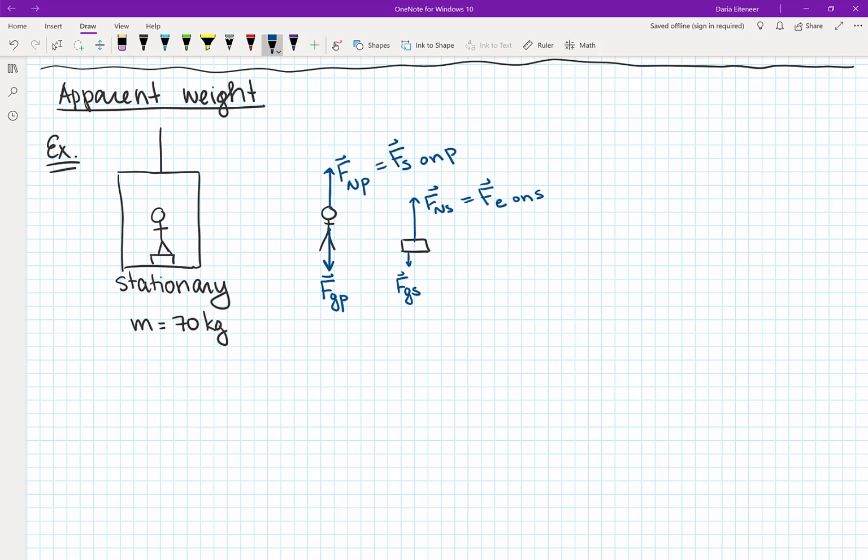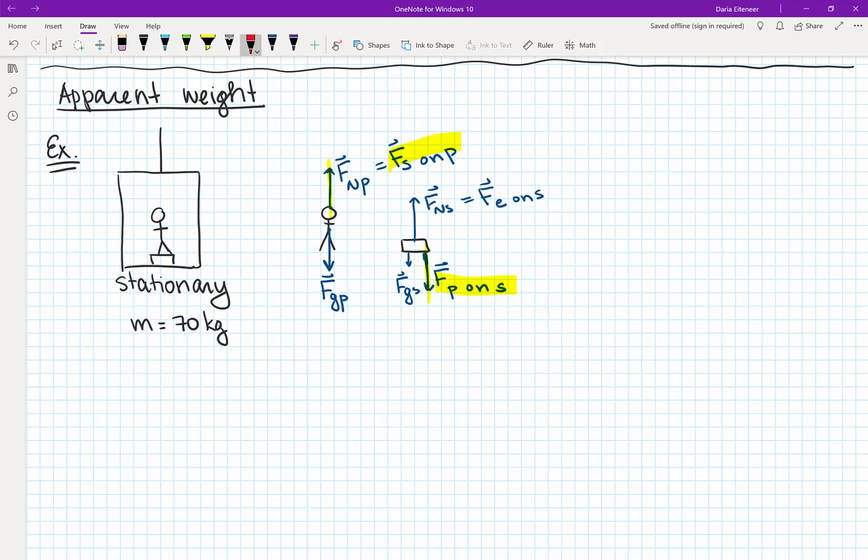But the other force that we need here is the force of the person on the scale. Now remember we talked about action-reaction pairs. So this force here and this force here, those are action-reaction pairs because that's a description of the interaction between the person and the scale.